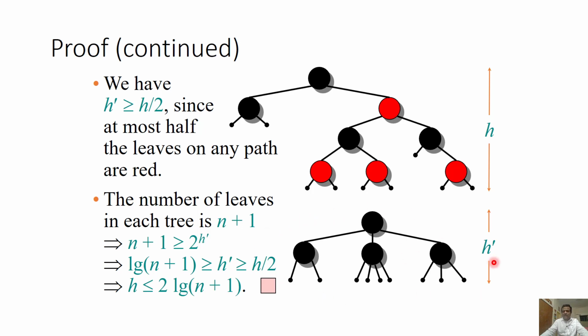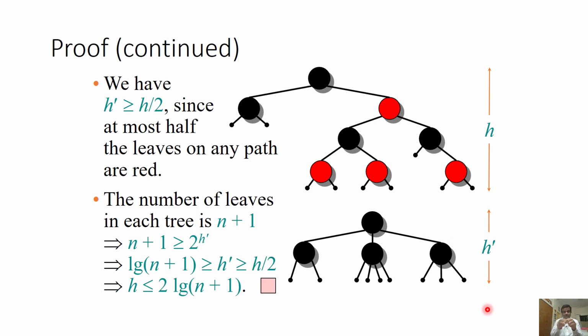Now, let's look at this tree. This is a 2, 3, 4 tree, meaning every node may have 2, 3 or 4 children. So, the number of leaves must be greater than or equal to 2 to the power h prime, because every node has at least 2 children, so it grows as 2, 2 squared, 2 cubed, up to 2 to the power h prime.